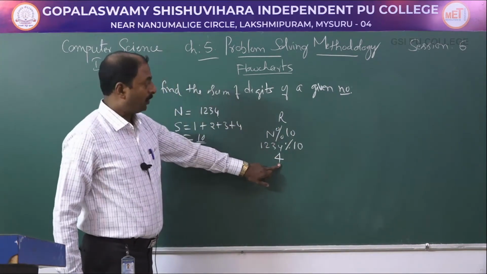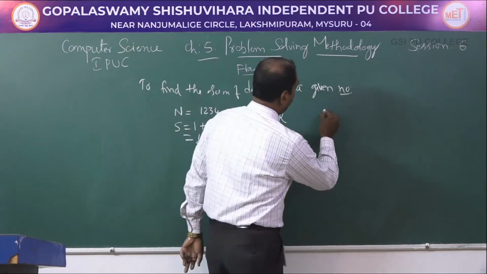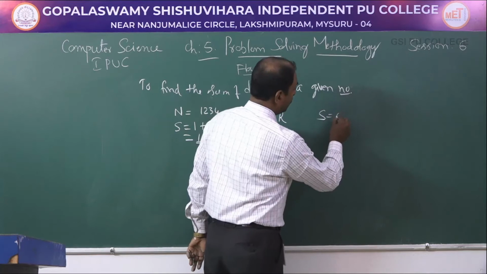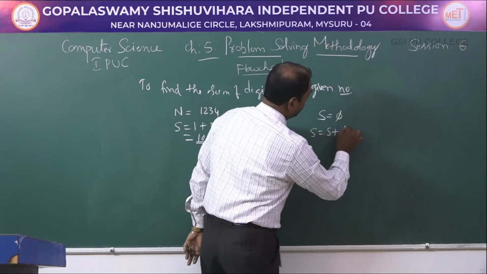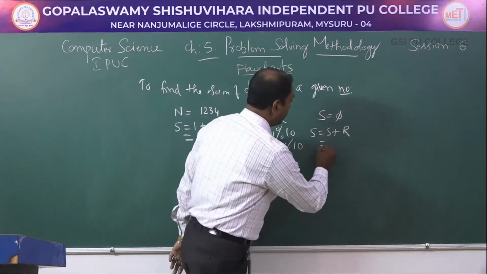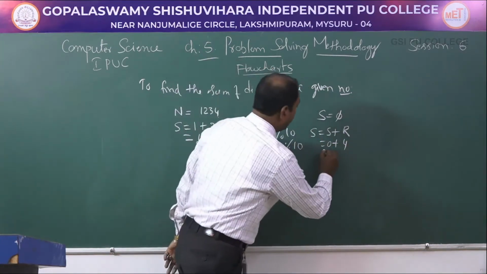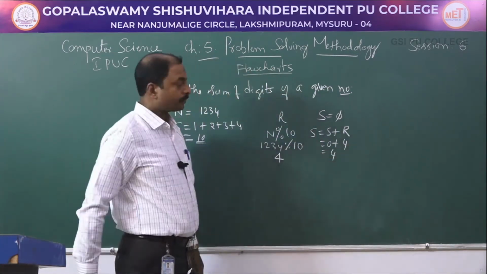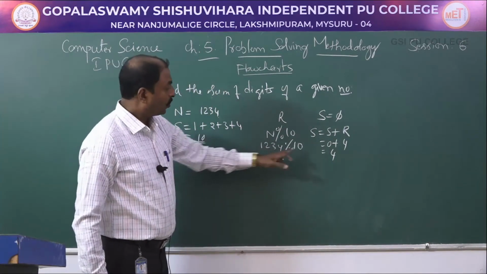Next, we have to add this remainder to one more variable, sum. At the beginning, sum will be 0. So sum equals sum plus remainder. It is at the beginning 0. Remainder is 4. So sum equals 4. Next step is we have to find the quotient.